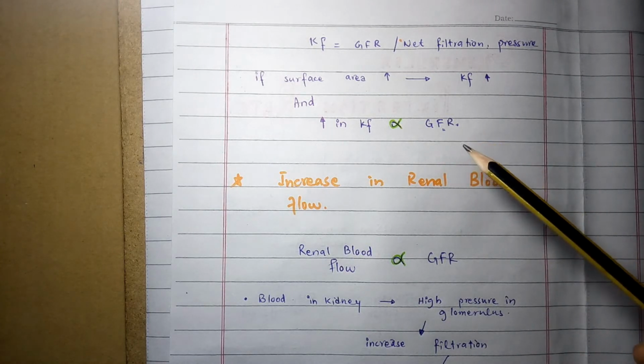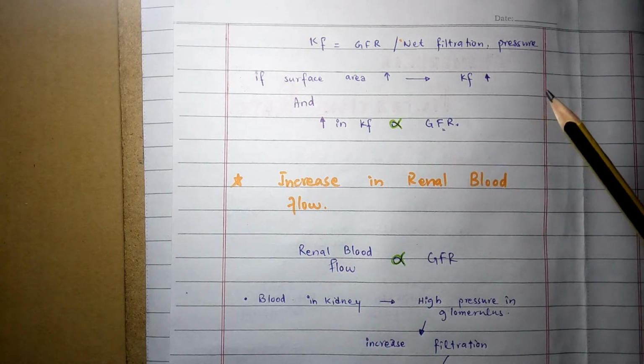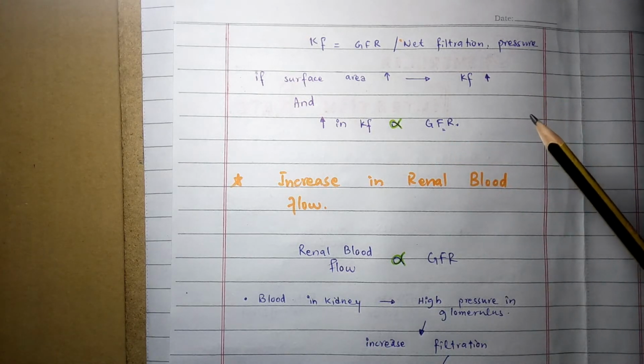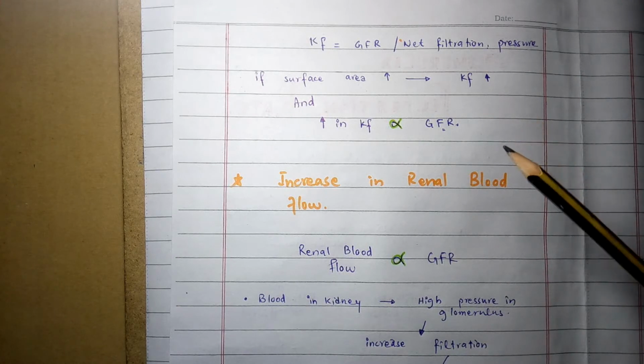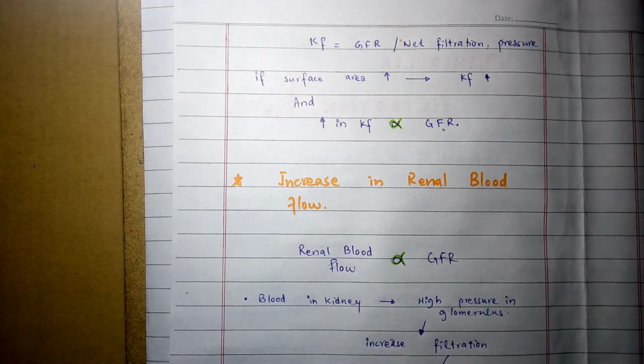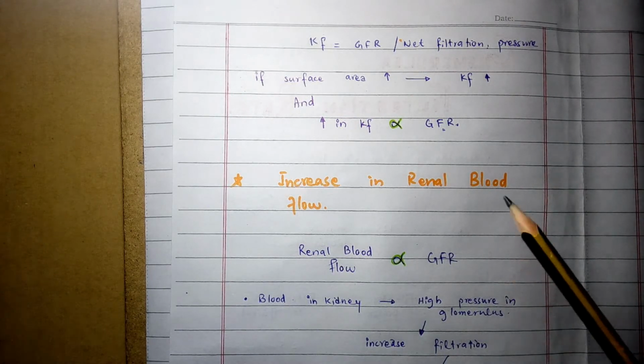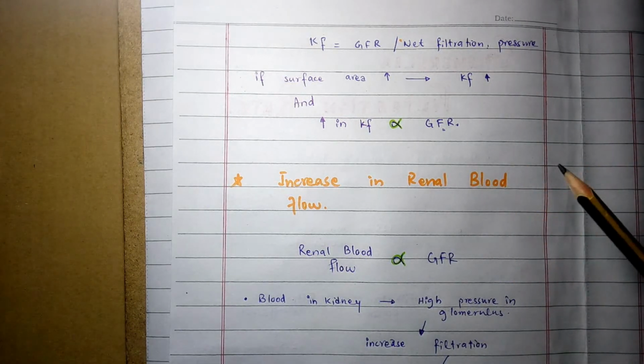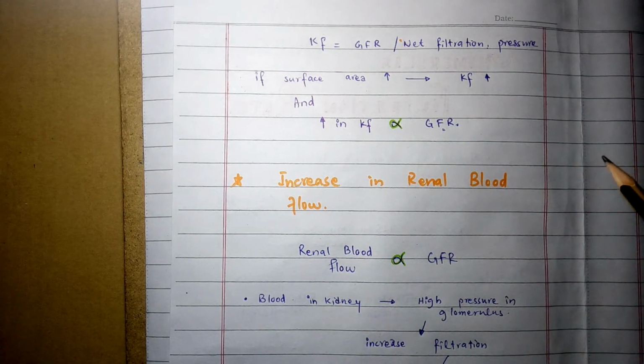But in pathological states such as kidney diseases, the number of glomerular capillaries decreases. This reduces the surface area, which affects the Kf, and ultimately the GFR is decreased.